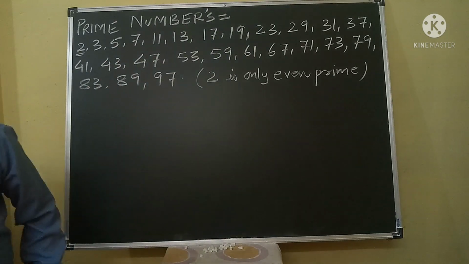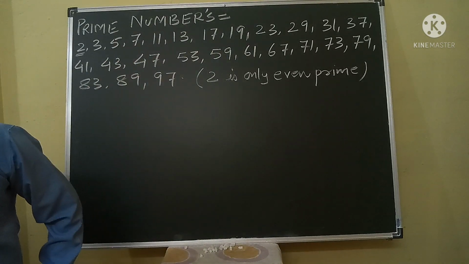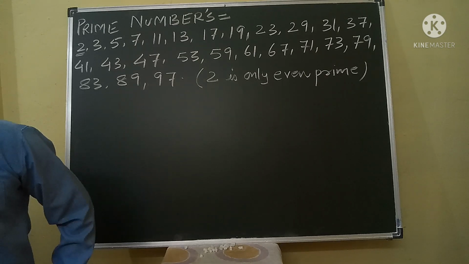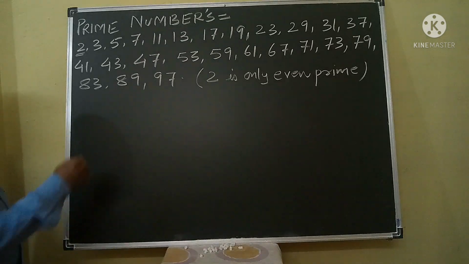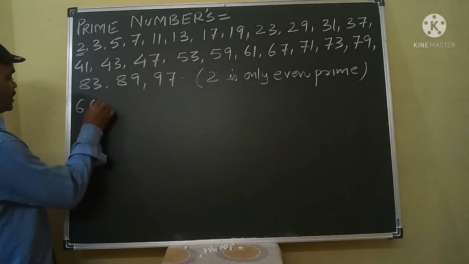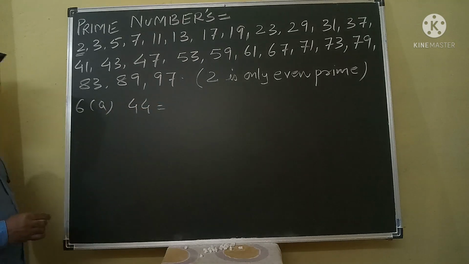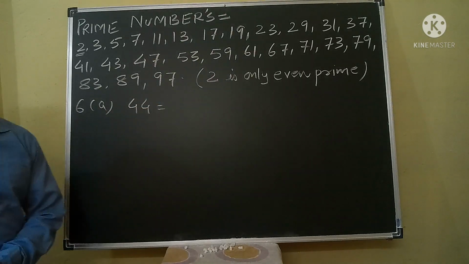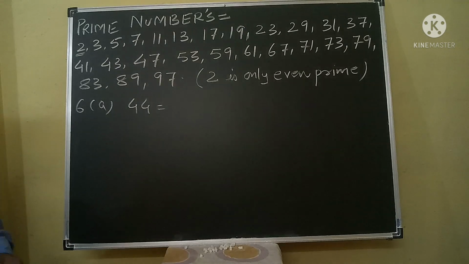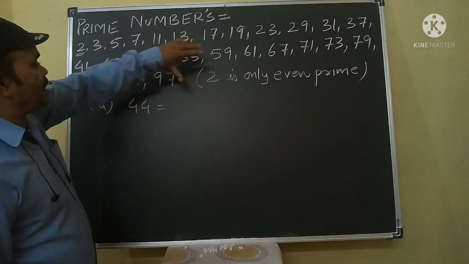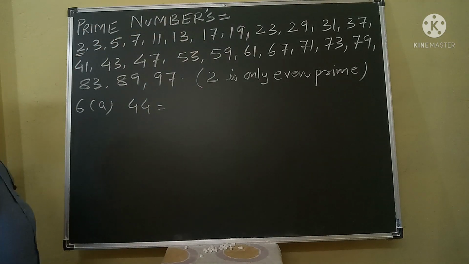Okay. In question number 6, express the following as the sum of two odd primes. Question 6a is 44. Express 44 as the sum of two odd primes. By the help of these prime numbers, we can find the answer easily.